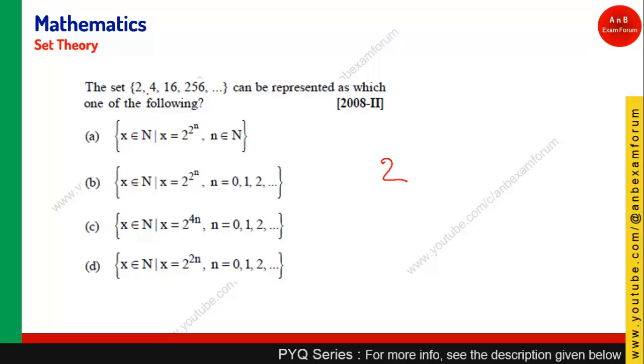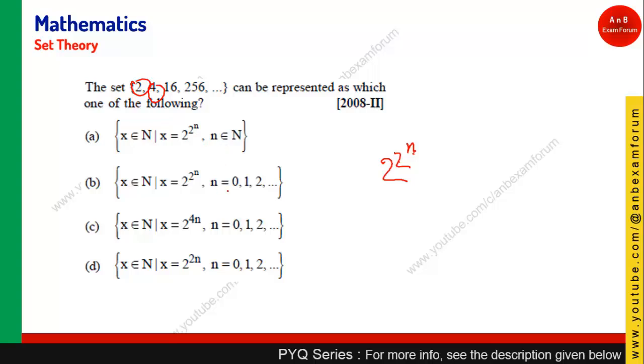Then 2 power 4 is 16. So it is like this, 2 power n. N can start from where? 0. If you put n as 0, 2 power 0 is 1, 2 power 1 is 2, so you have 2 elements. Again, if you put n equal to 1, 2 power 2 is 4, so you will have this set.